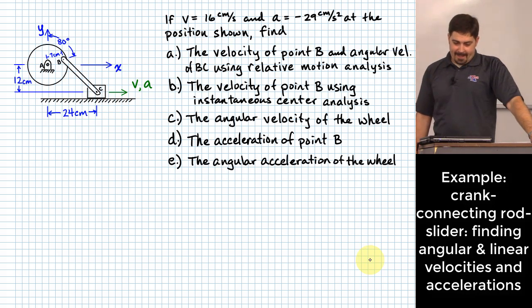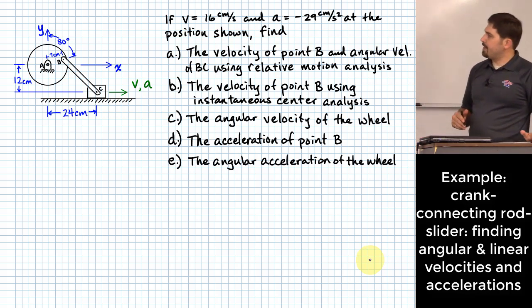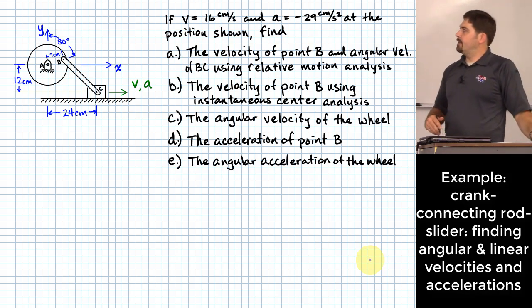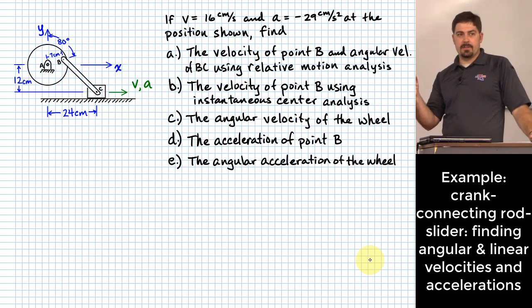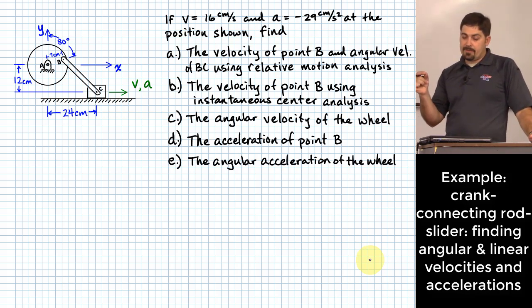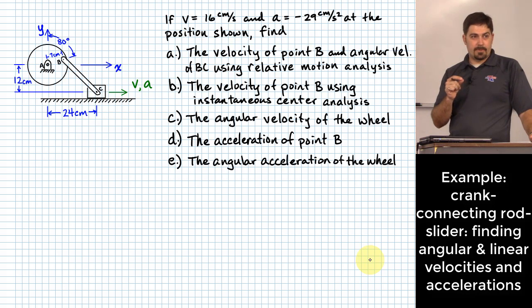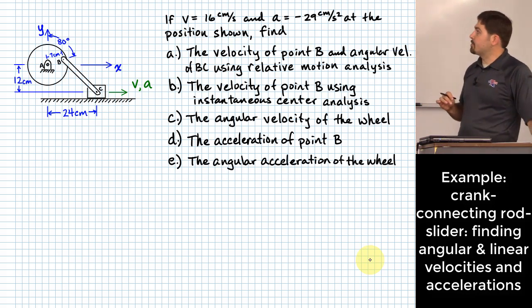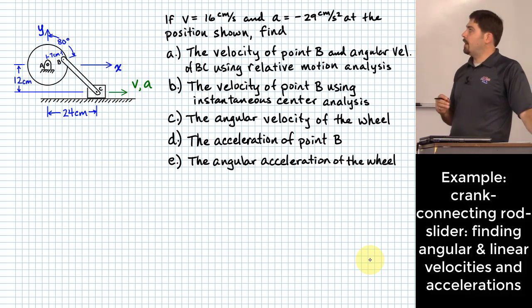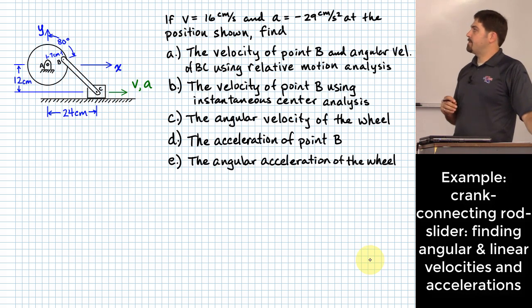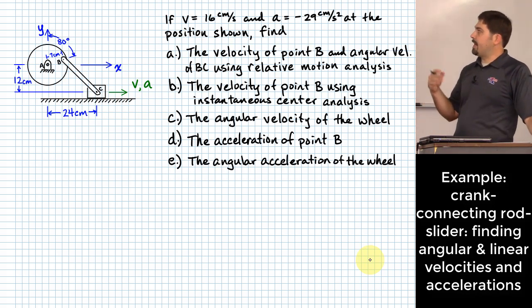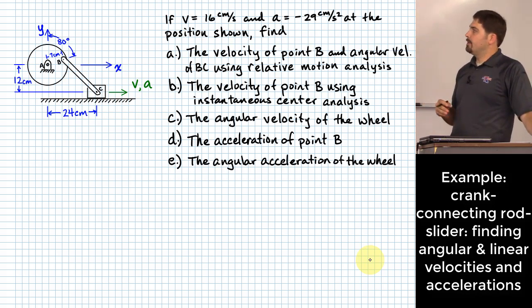We're also given that in the direction shown for the little green arrow, point C has a rightward velocity of 16 centimeters per second, but it also evidently is slowing down, because it has a negative acceleration of 29 centimeters per second squared. So it has a rightward velocity at this instant in time, but it is slowing down, i.e. a leftward acceleration.